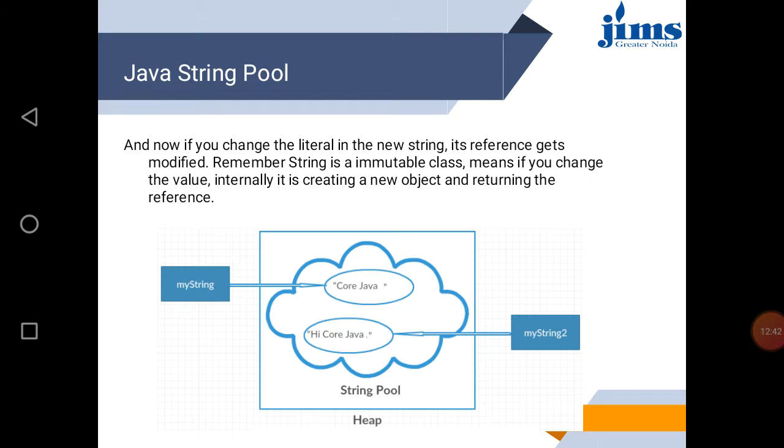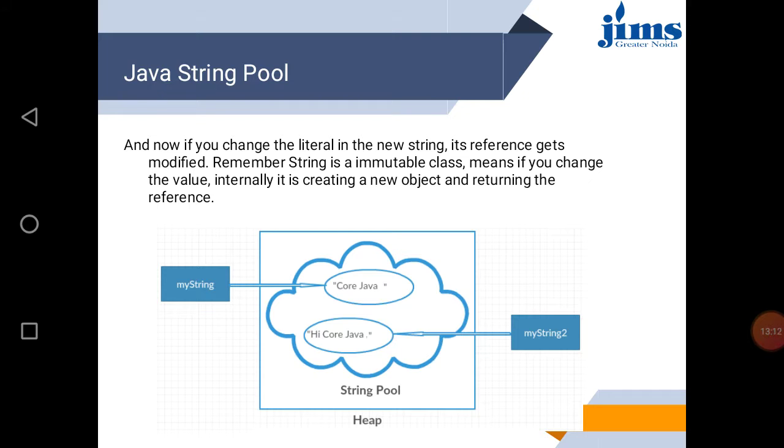Now if you change the literal in a new string, suppose your my string is showing core Java, and in your other variable my string 2, you are writing high core Java, so it will not modify the existing object.